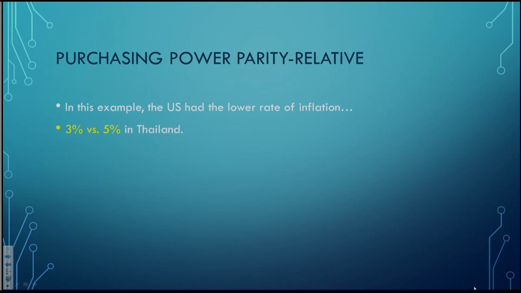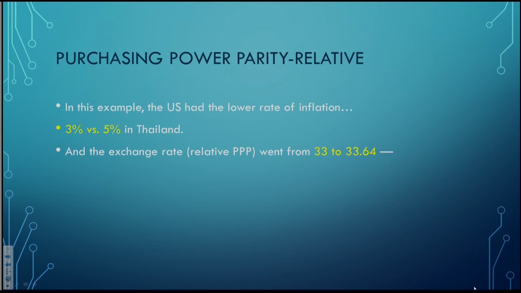They had 3% inflation versus 5% in Thailand. And the exchange rate in our relative purchasing power parity situation went from 33 to 33.64.